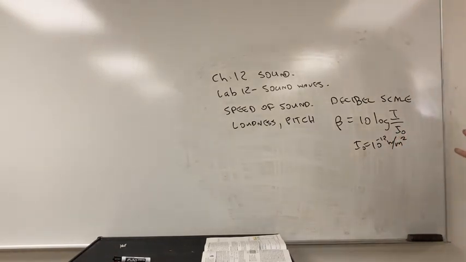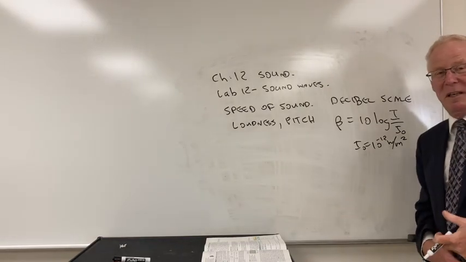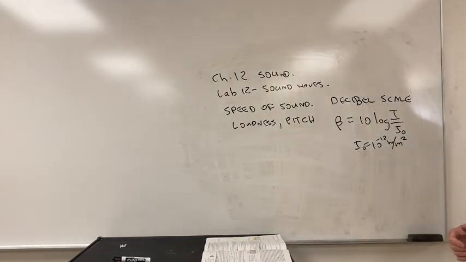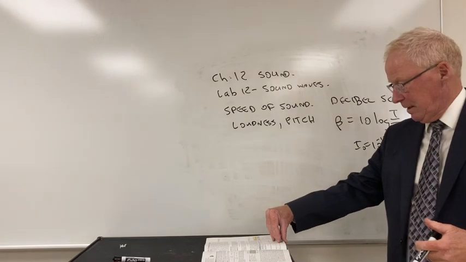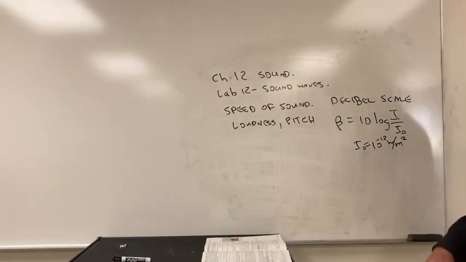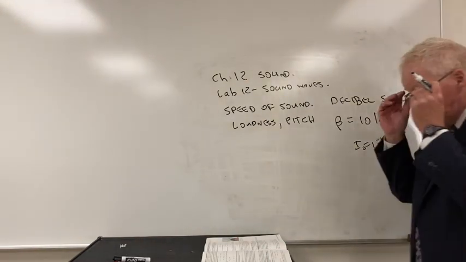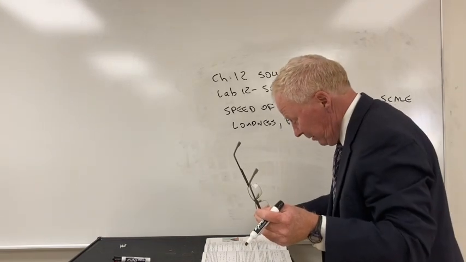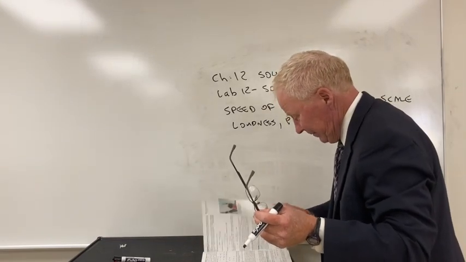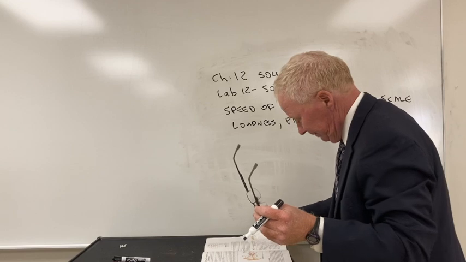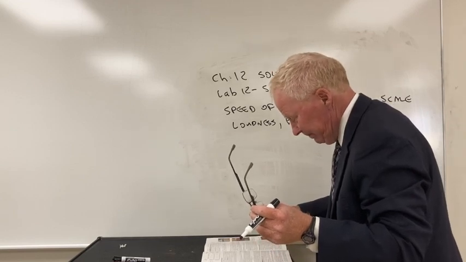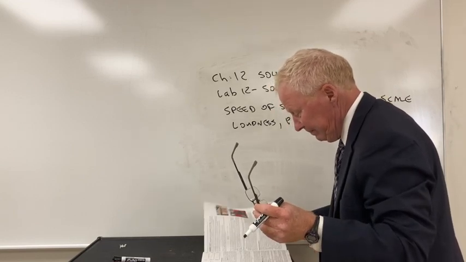So that is the decibel scale. Again, it's a logarithmic scale. I went through some of the examples related to that as far as this is concerned. All right, so I had examples there.